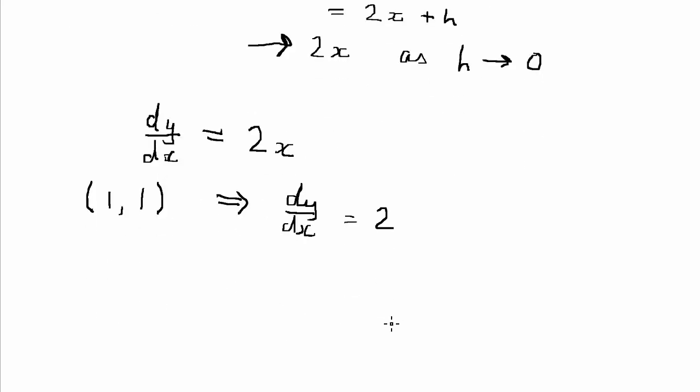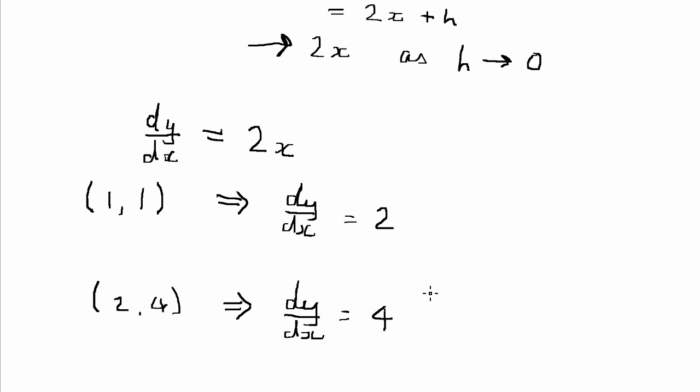But at another point on the same curve, so what's another point on the same curve? If we got an x coordinate of 2, we'd have a y coordinate of 4. That would mean that the steepness of the curve at that point would be 2 times the x coordinate, which is 2, would be 4. We get different answers depending where we are. And I hope you can see that the further you go along a y equals x squared curve, the gradient of the tangent will get larger and larger.